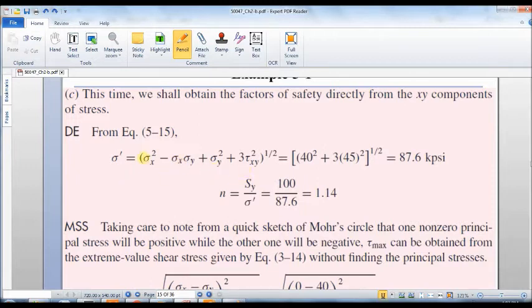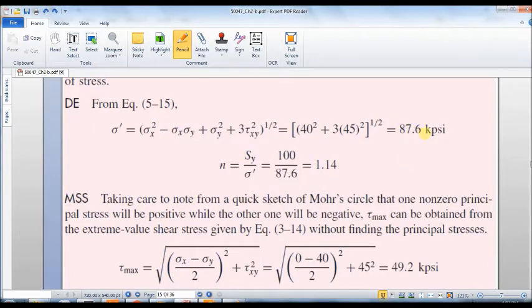As I told you, another alternative method to find the effective stress is using this equation. That means you can directly substitute the stresses x and y to find the effective stress. So I use this equation directly, and I will find an effective stress of 87.6 kpsi. And again, I can find the safety factor by using the distortion energy theory.